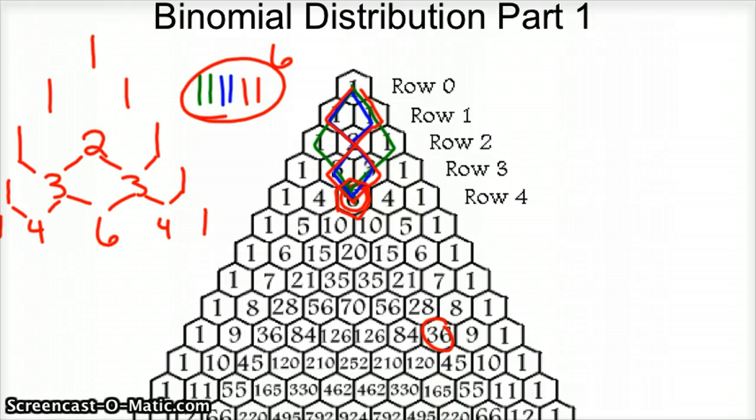All right, and that means down here at 36, there are 36 ways to get to this cell. Now, if you wanted to get to this 10 cell right below and right, well, each one of these means that's how many paths going left and down and right and down there are. So you've got 6 here on the left, 4 here on the right.